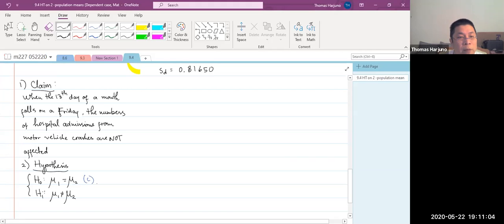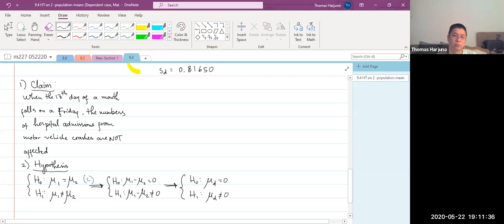We need to modify this so that the null hypothesis is mu1 minus mu2 equals 0, and the alternate is mu1 minus mu2 not equal to 0. And modify that even further: the null hypothesis is that the mu of the difference equals 0, and the alternate is that the mu of the difference does not equal 0.